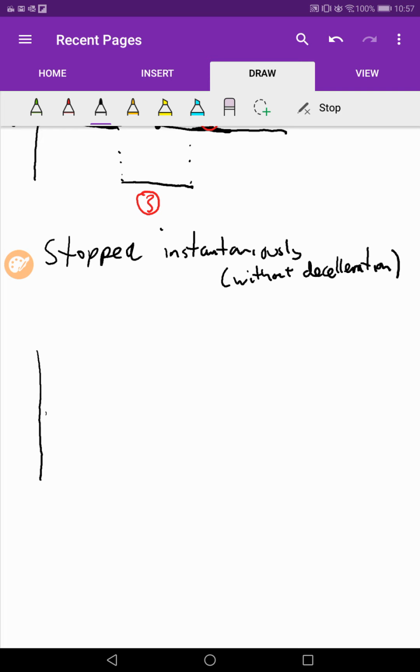So this will be quite simple, this one. So displacement time graph, if we have a curve like that, that is acceleration. Because you are covering an increasing amount of displacement with equal time. So here, this is acceleration.